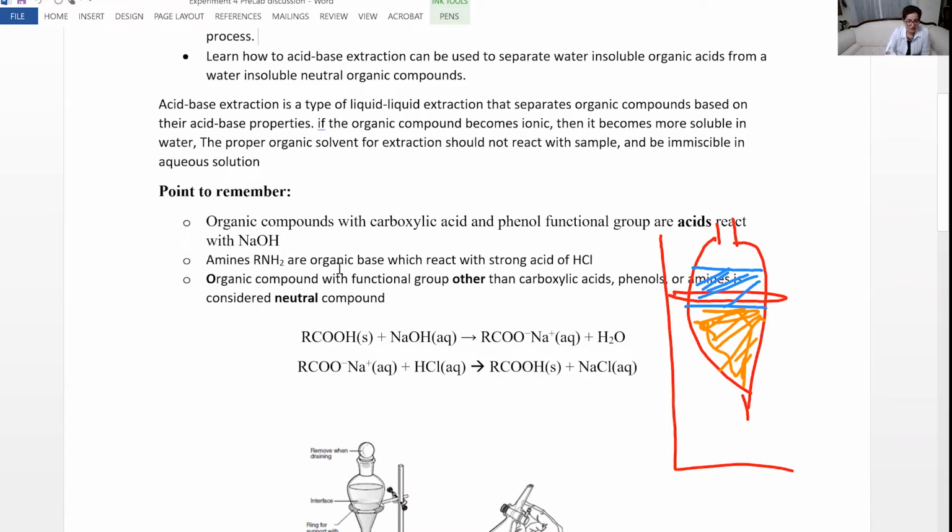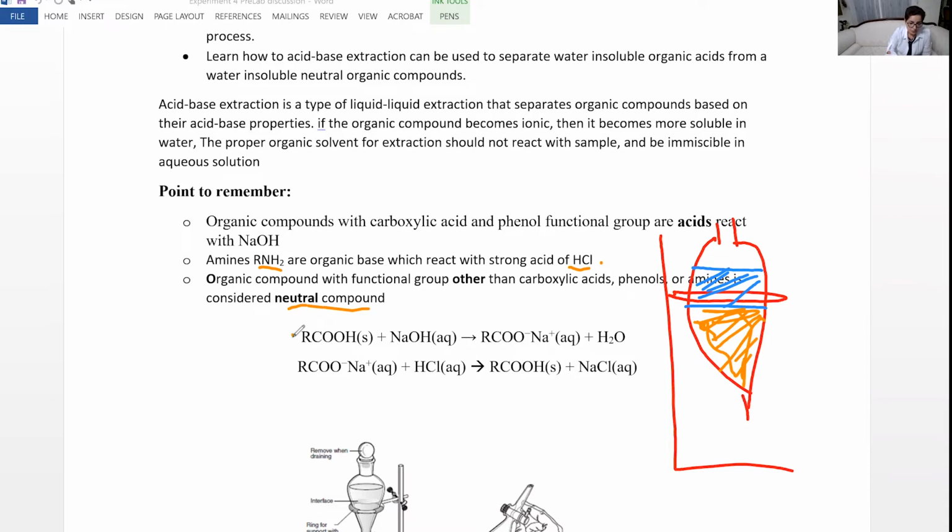If you have an organic compound that has an amine functional group, it is going to be a base and is going to react with HCl. Now, any other organic compounds that don't have carboxylic acid, phenol, or amine functional group are considered neutral compounds. That includes alcohols, aldehydes, ketones, and others.